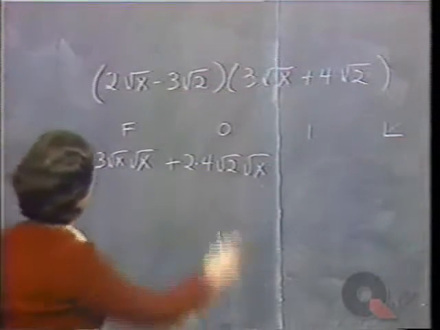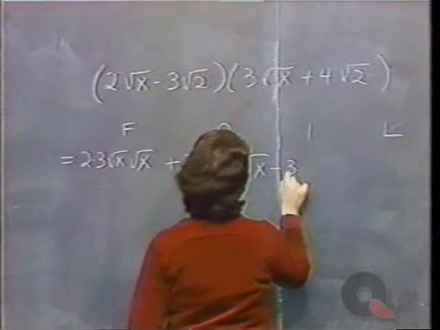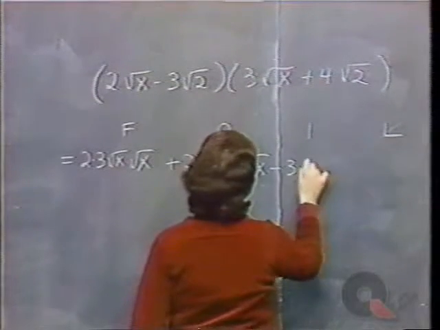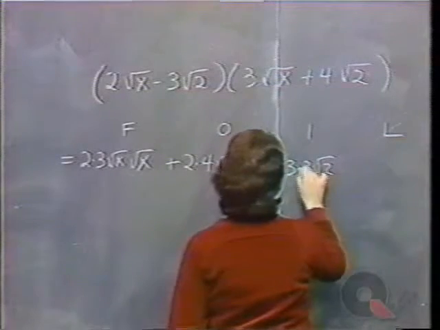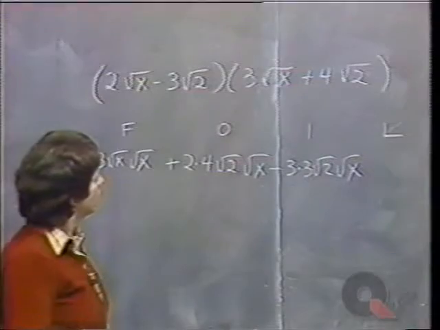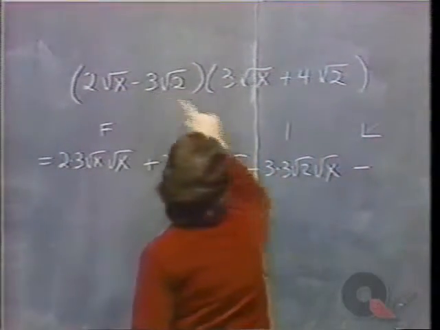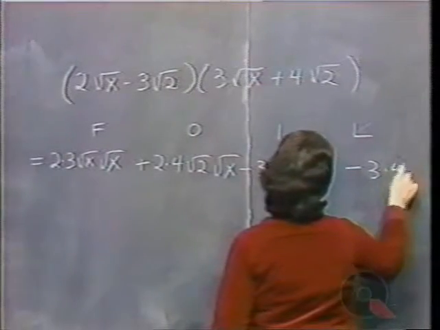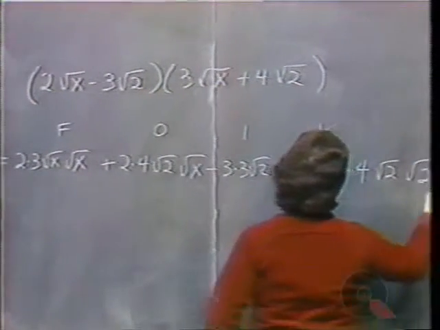For inner, the inner terms, minus 3 times 3 times the square root of 2 times the square root of x. And last, minus 3 times 4 times the square root of 2 times the square root of 2.